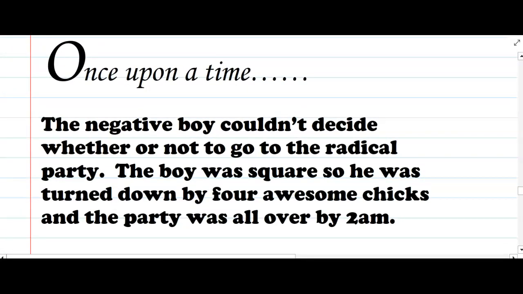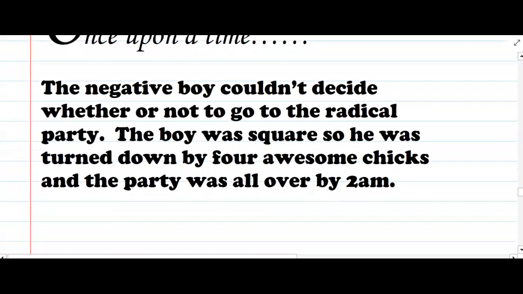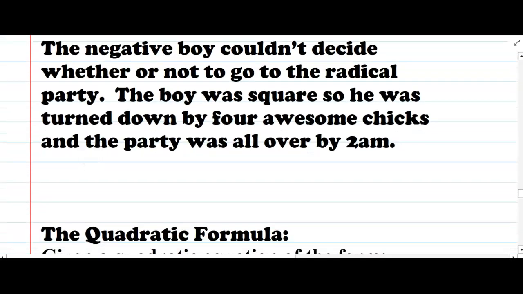What you have here in your notes is just a way to remember how to write the quadratic formula. The negative boy, we write -b, couldn't decide if it's plus or minus. Whether or not to go to the radical party, we draw a big radical symbol.